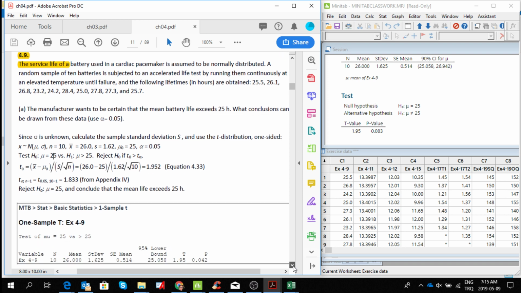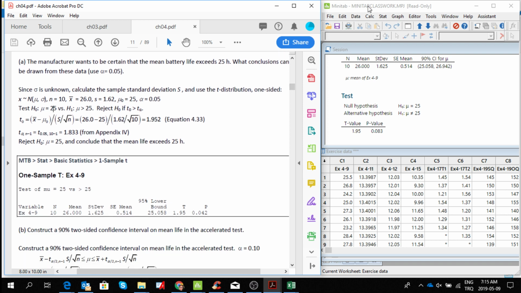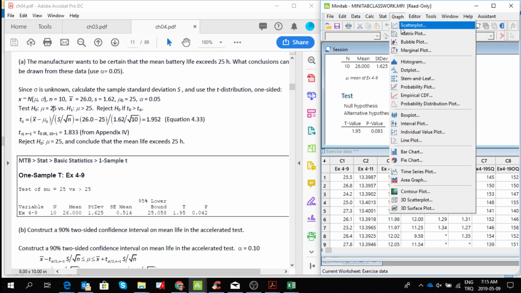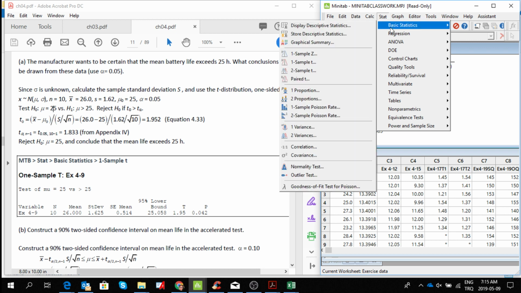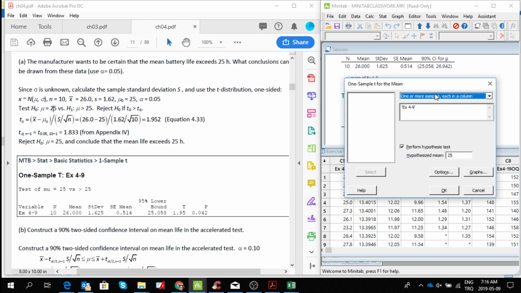So we can do this simply on Minitab as well. For that, we need to go to Stat, and we need to choose Basic Statistics and One-Sample t. And here, usually we don't have anything in here. So when we click in here, we are going to get all these data sets, and we choose this because it's our data set.